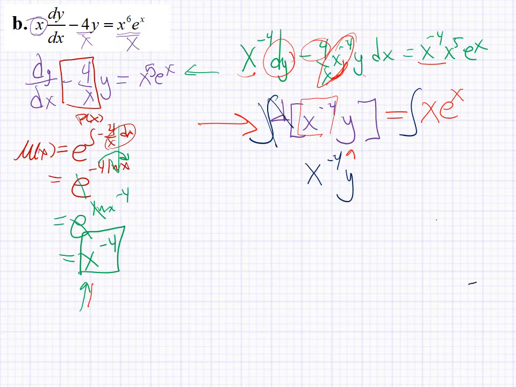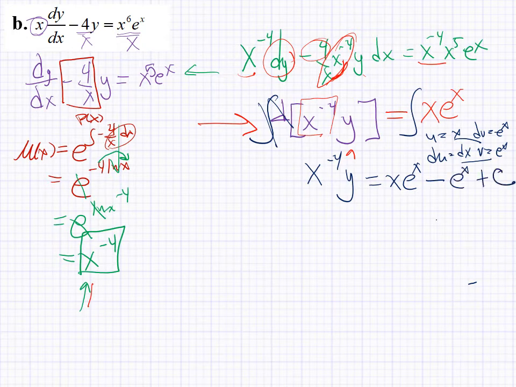And so if I did that by parts, I would come up with u equals x, dv equals e to the x, du equals dx, and v equals e to the x again. And so I would come up with x e to the x, which would be u times v, minus the integral of v du, which would give me e to the x dx, which would give me e to the x again, plus c on the end, and there we are.